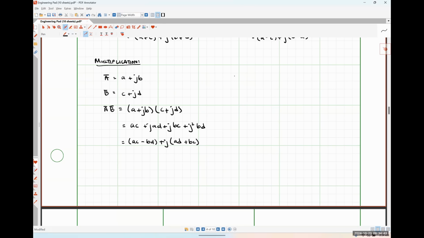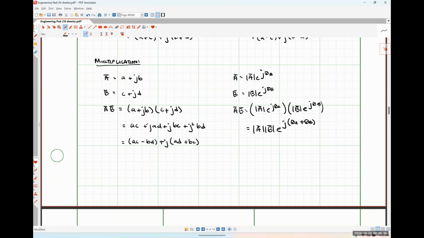So over here on the right-hand side, let's say that I have A is equal to the magnitude of A, e to the j theta A, and B is equal to the magnitude of B, e to the j theta B. Well, when I try multiplying A and B together, I'm going to have magnitude of A, e to the j theta A, times the magnitude of B, e to the j theta B. Which just looks like the magnitude of A times the magnitude of B, e to the j(theta A plus theta B).